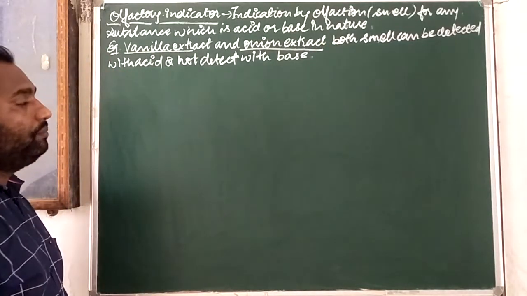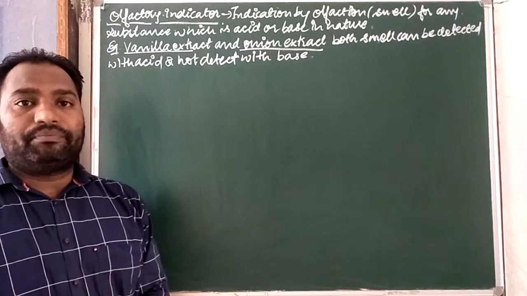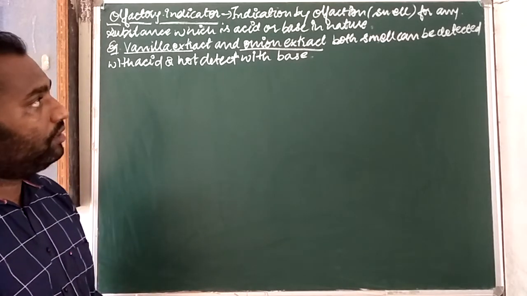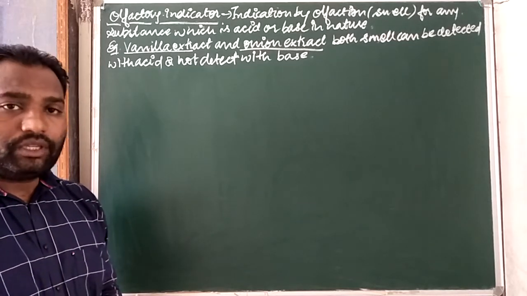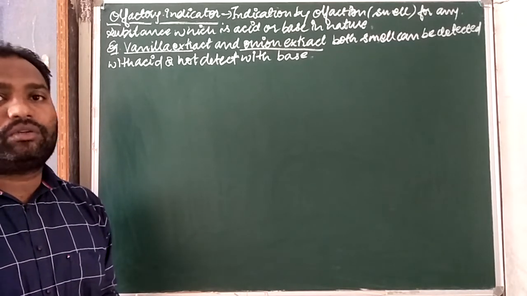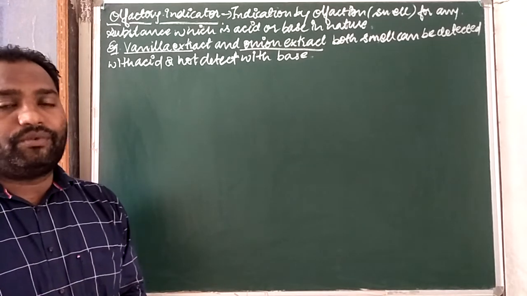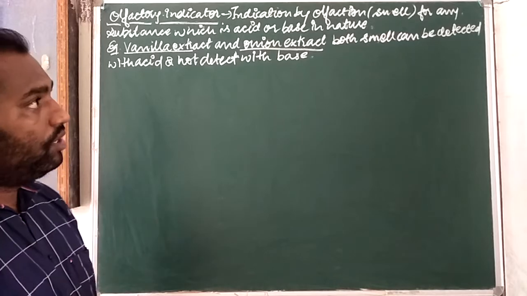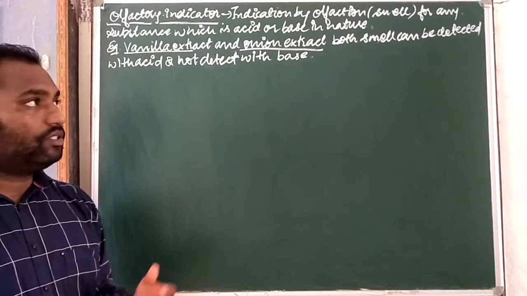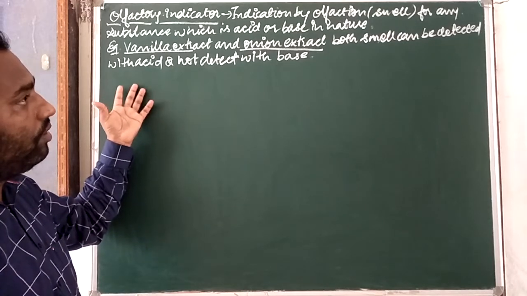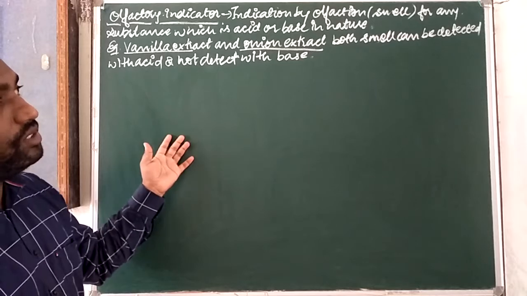Actually, we take the juice of vanilla and onion, or make wet cloth with the onion or vanilla extract. This wet cloth may be cotton cloth or anything, and we can use it for indicator purposes. We put 2-3 drops of acid or base on this cloth.